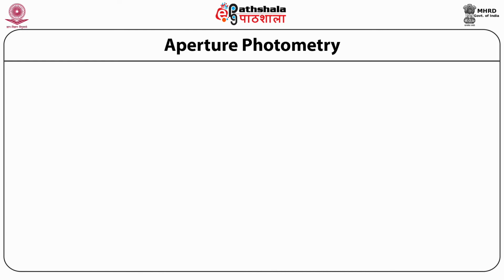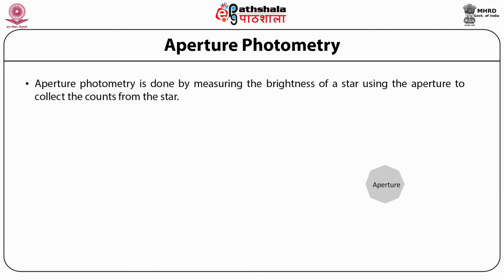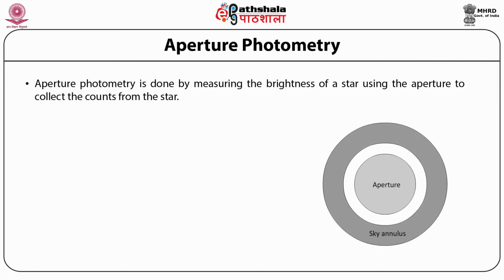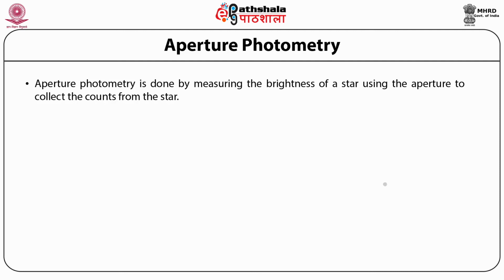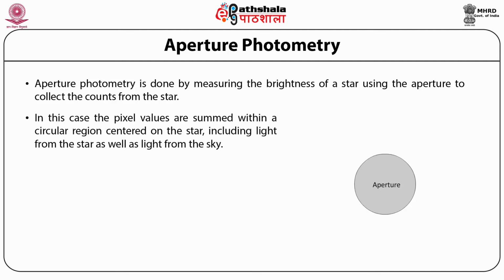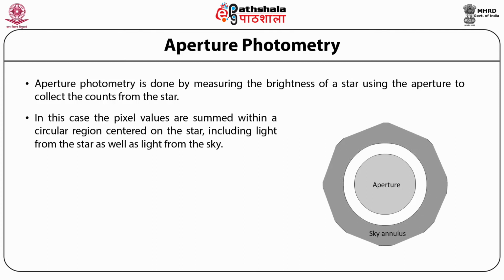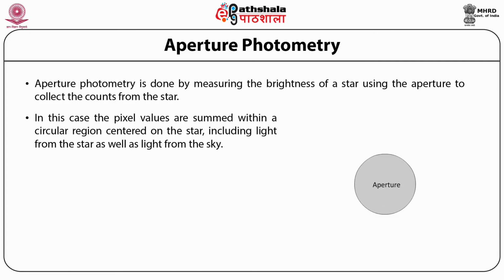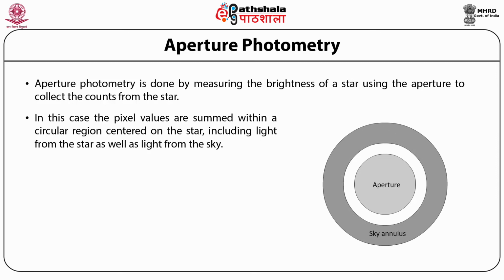Now we also talk about aperture photometry. Aperture photometry is done by measuring the brightness of a star using an aperture to collect the counts from the star. In this case, the pixel values are summed within a circular region centered on the object, that is a star, including light from the star as well as light from the sky.